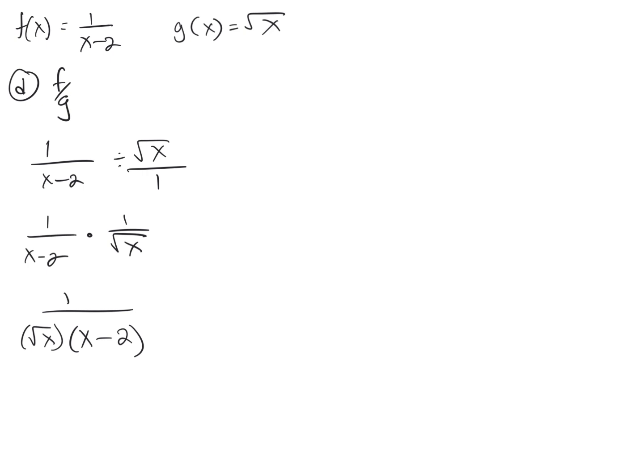So that will be your solution. And again, since the domain doesn't change, because it's the exact same equation, x has to be greater than or equal to 0, and then x cannot equal 2. You can rationalize it if you wish.